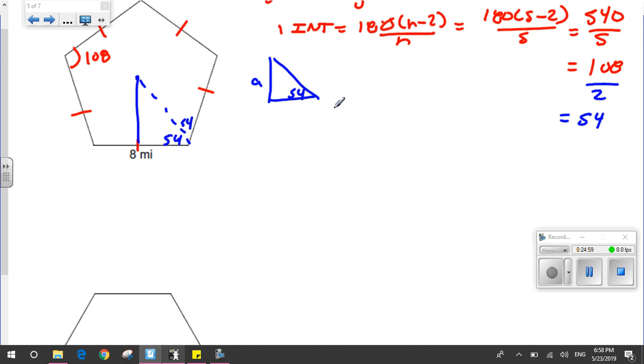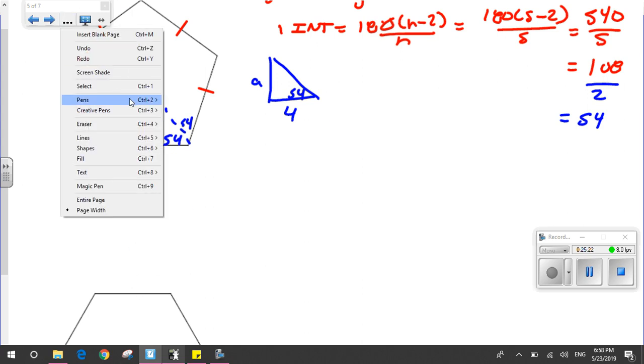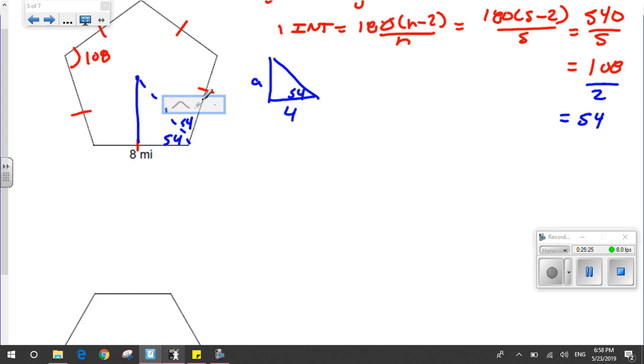So with that being said, I know I got to find my apothem so I can find the area. I know the apothem splits the side 8 into 2, so this bottom piece is 4. So the only thing I can use to find my apothem is trigonometry. So in perspective of our angle, our reference angle 54, the apothem is opposite and the given side is adjacent.